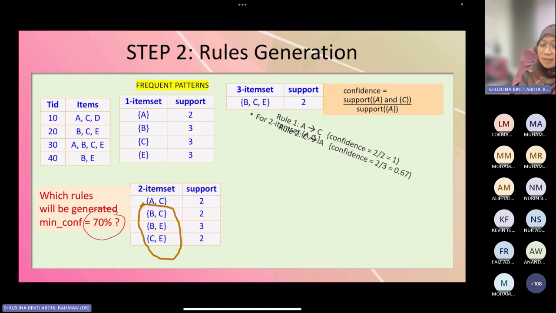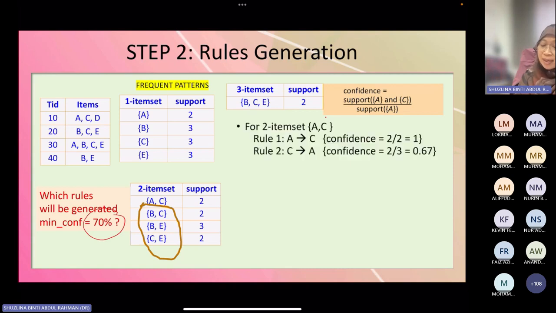Remember the confidence: let's say we are interested in the relationships between items A and C. The confidence is given by the support of the combination divided by the support of the antecedent. When we apply rule 1 and calculate the confidence, we will get 1.